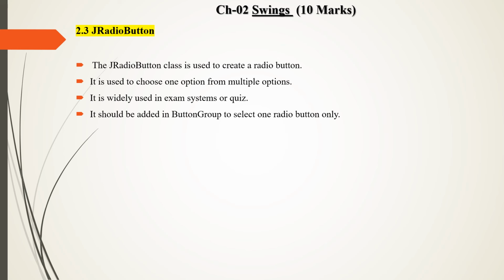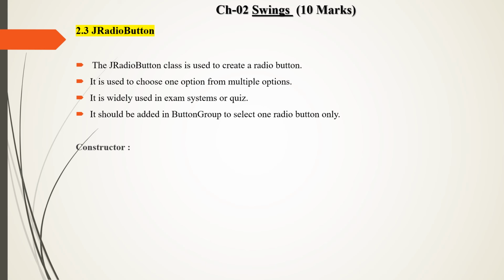A simple example of a radio button: in many forms, when you sign up, there is an option for gender, and in that option we can select only one option. So in such places we use the JRadioButton.